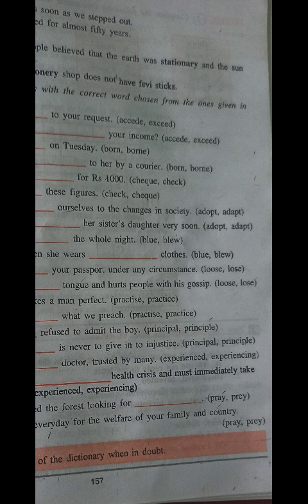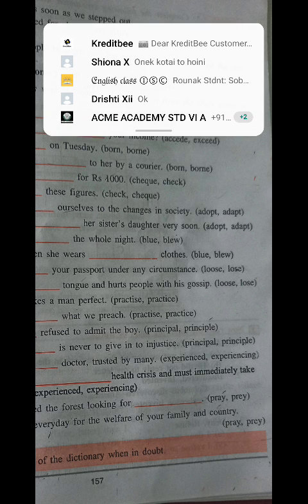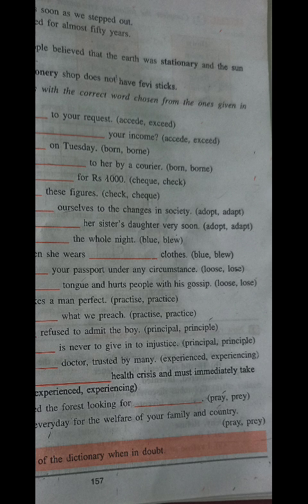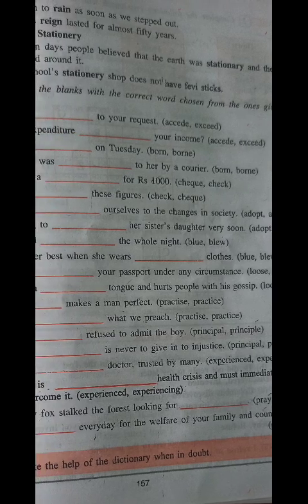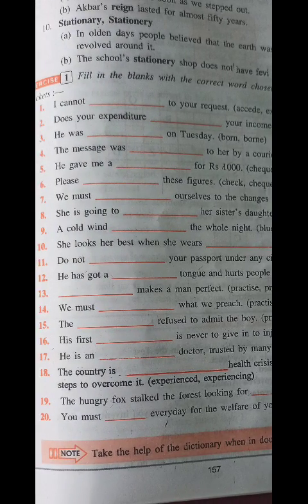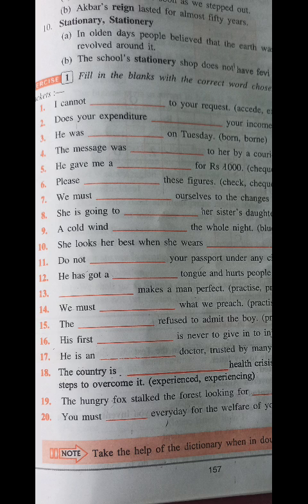So you have to adapt, meaning you have to make yourself adapted to the situation. Evolution should be there during adaptation. It is because of adaptation that we are still alive, but the mighty dinosaurs were erased from the face of the earth. So unless you adapt, you cannot survive the changing situation.